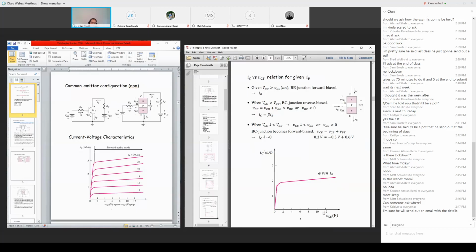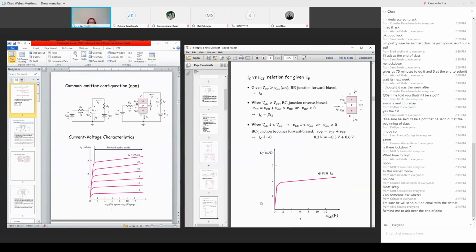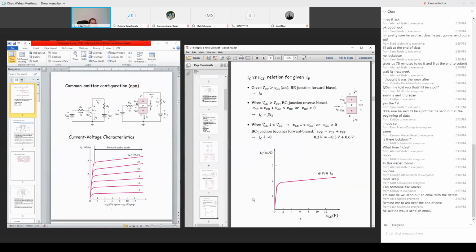But if the horizontal axis VCE gets too small, dropping to around 0.3 volts and so forth, IC starts dropping down, eventually dropping to 0. So this single curve tells me that if the base side condition is unchanged, if the base current is fixed, then IC depends on VCE. When VCE gets too small, it will drop to 0.